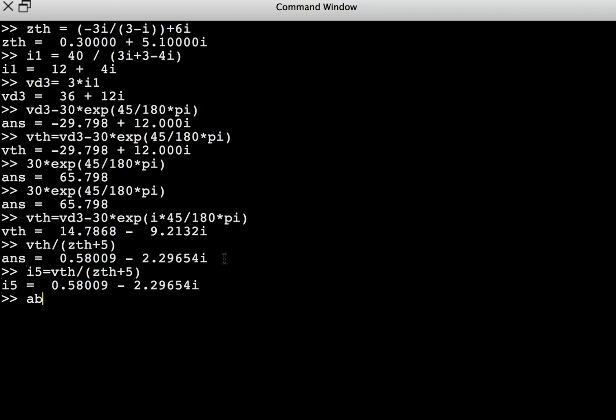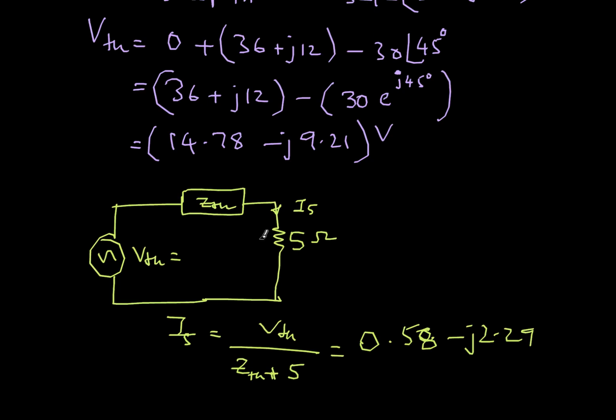So the absolute value of I5, I'll just get the result as a matrix, and then the angle of I5. Then this is multiplied by 180 divided by pi, because the angle will be provided in radians. So I multiply with this to get the angle in degrees. So I'm getting like this, 2.3687.